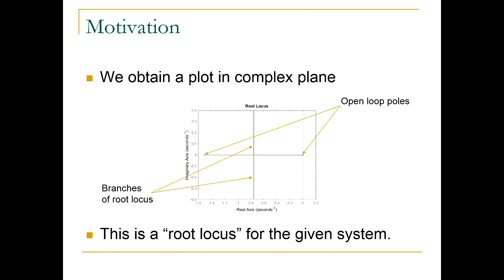So for each fixed value of k, the gain of the controller, there would correspond some point on this branch, which is one of the poles, and some point on that branch, which is the other pole. Okay? Typically you will have a number of branches. This is just a simple example where you have two branches. You can have much more complicated situations than this.